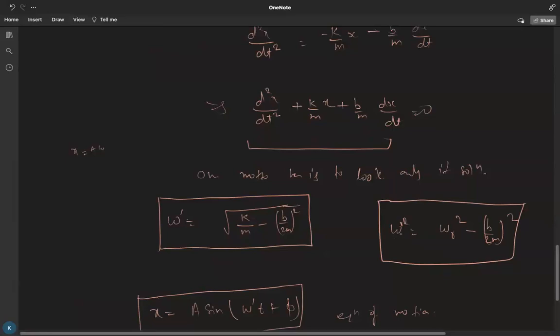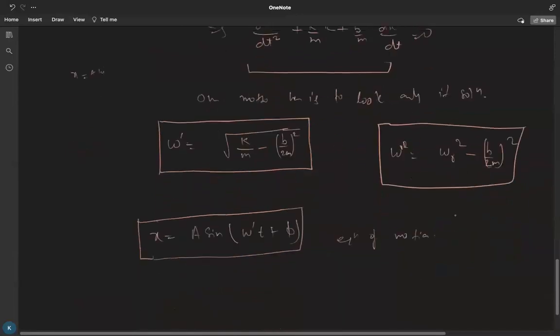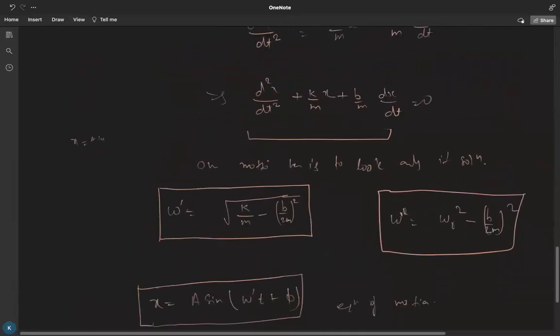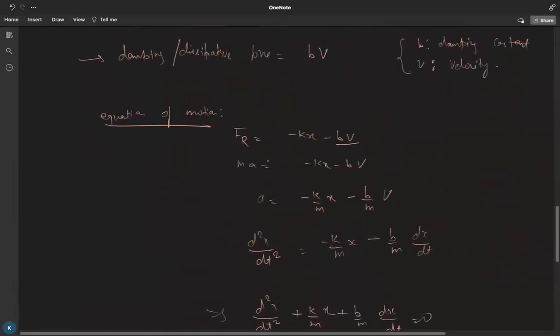The relation is omega dash square equal to omega naught square minus (b by 2m) whole square, right? And we get x is equal to a sine(omega dash t plus phi). So this is actually our equation of motion, you can call it the dynamics, right?